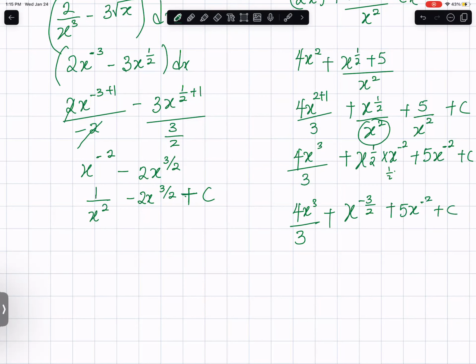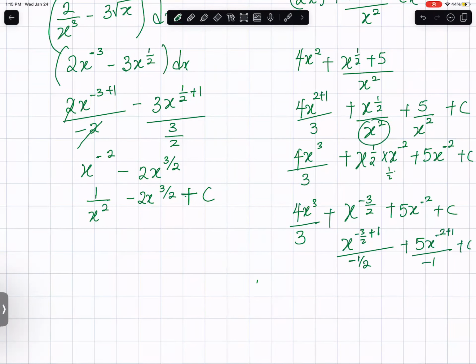Integration this gives us x raised to the power of minus 3 over 2 plus 1. Minus 3 over 2 plus 1 should give us minus 1 over 2. We divide this by minus 1 over 2, plus 5x to the power of minus 2 plus 1, which is minus 1, divided by minus 1.